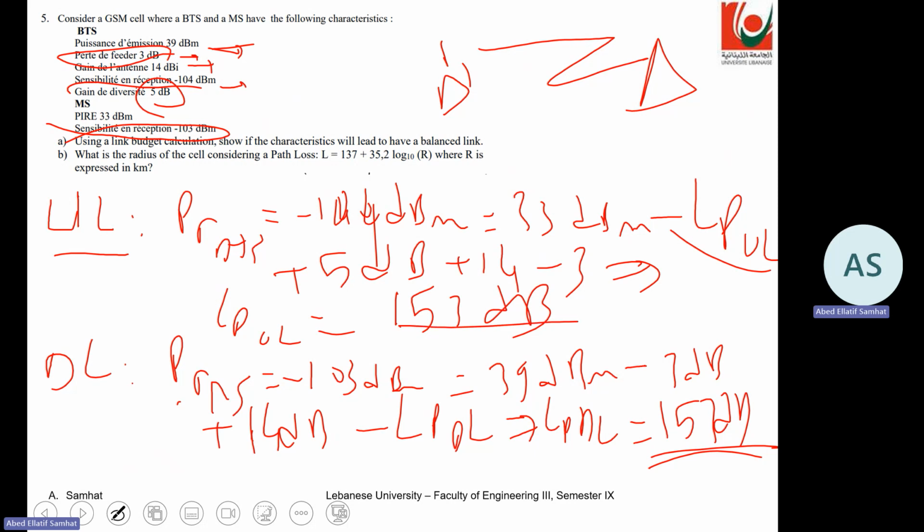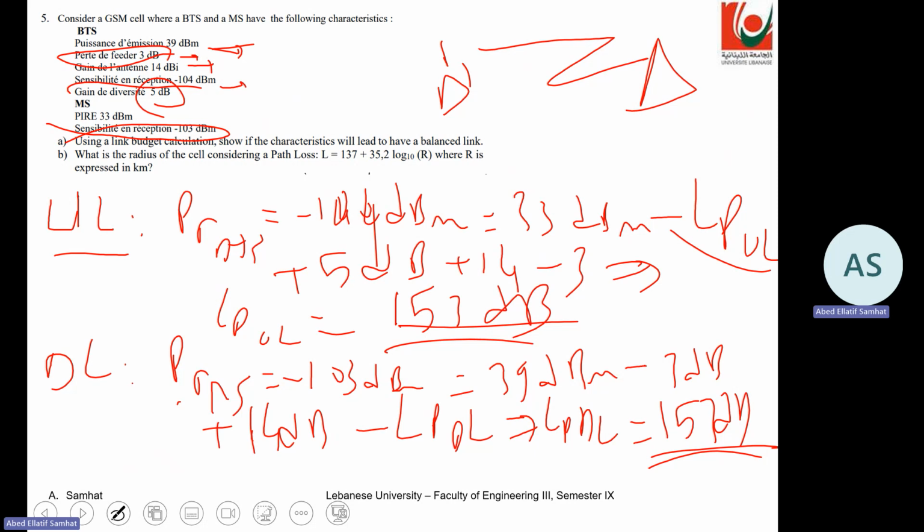So in this case, we can conclude that the link is balanced, okay? Because the link is balanced, we don't need to make any configuration of the parameters.